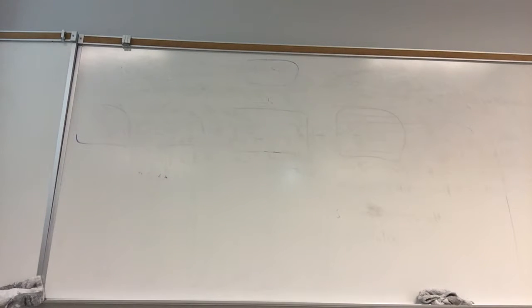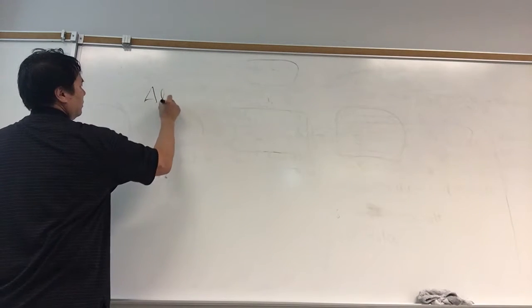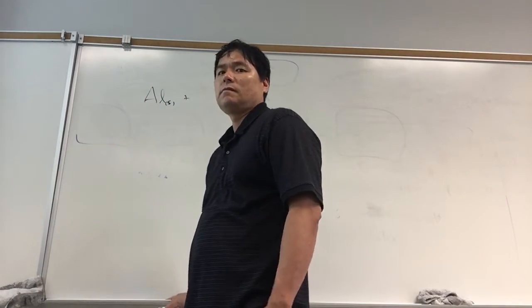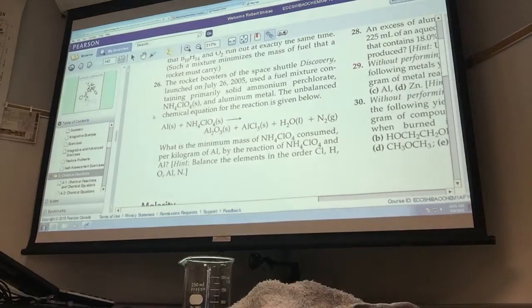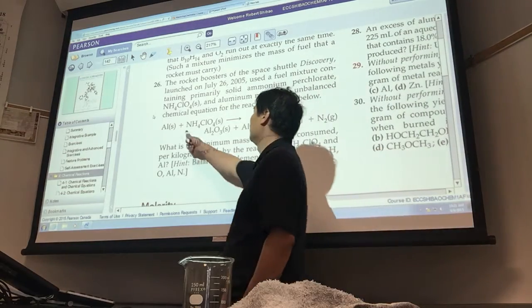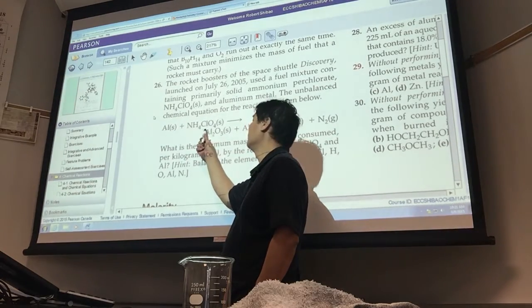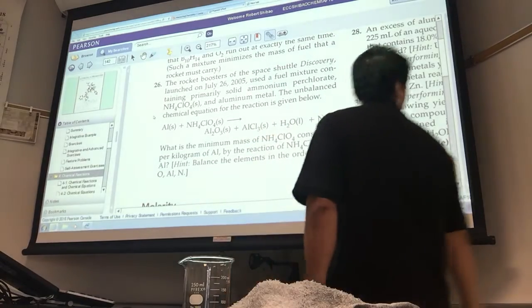But anyway, we're taking aluminum and the other, what's that other thing called? Tell me what that is, the name of it. Anybody? Okay, then you definitely have to go back and do your flashcards or whatever. Aluminum plus, what's the name of this? Ammonium perchlorate. Okay, you're good.